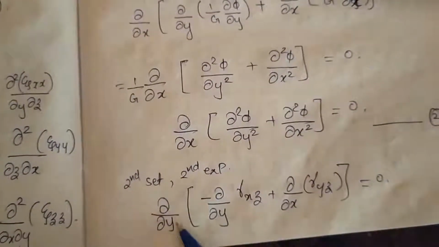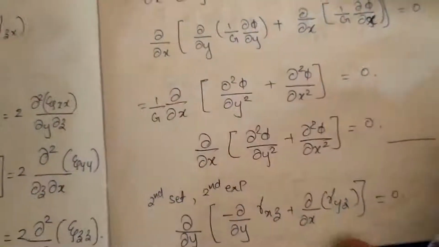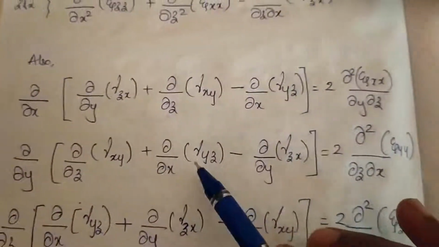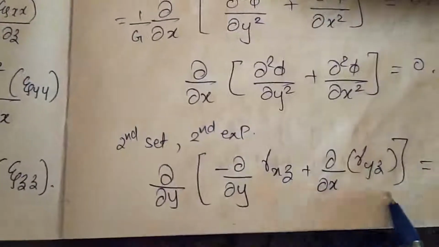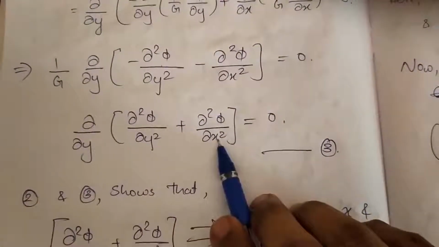Similarly, you will get dou by dou y of, see, this is the second set, in that you neglect this term, then this thing. If you expand it, you will get dou by dou y of dou square phi by dou y square plus dou square phi by dou x square.